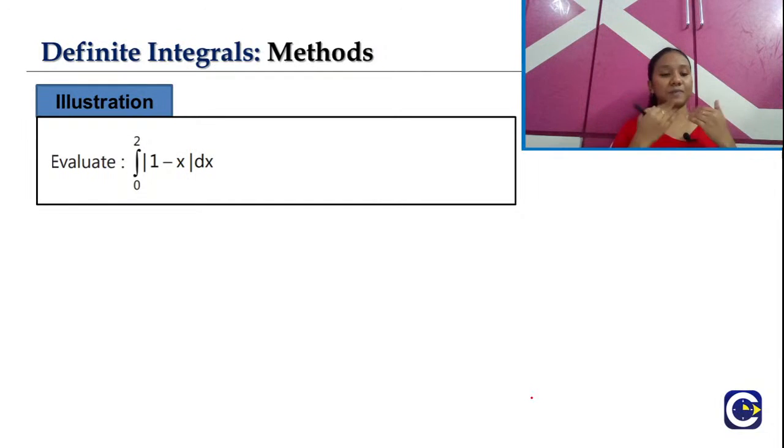For some values, the expression inside the modulus gives positive. But whether the inside expression is positive or negative, the modulus result will be positive, right? So that's why we'll be using this splitting method, and then we'll be writing the function for the positive or negative inside expression, and accordingly we'll be solving the integral here.